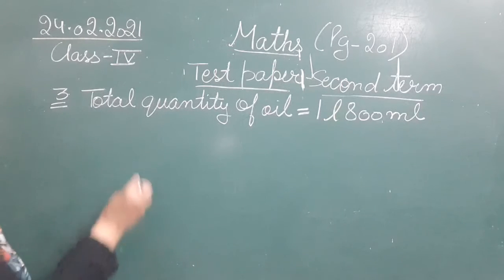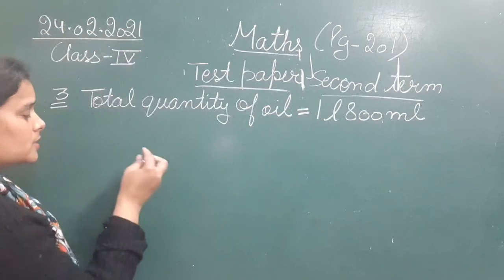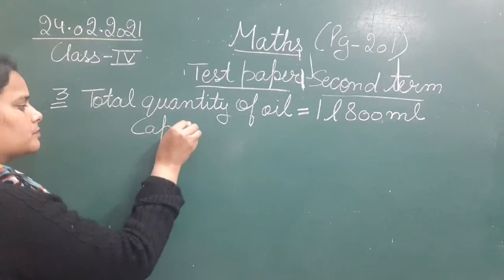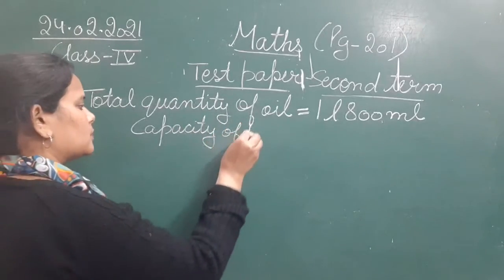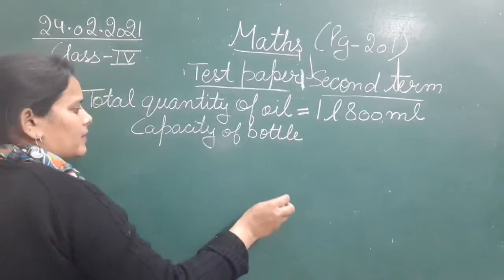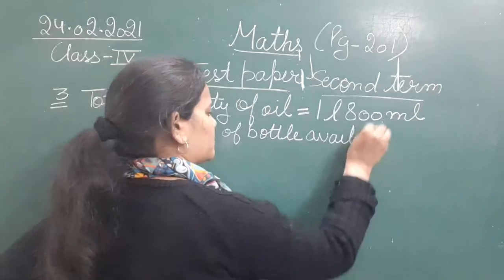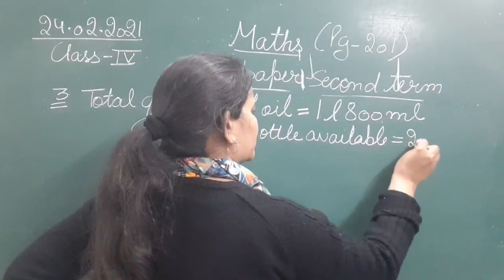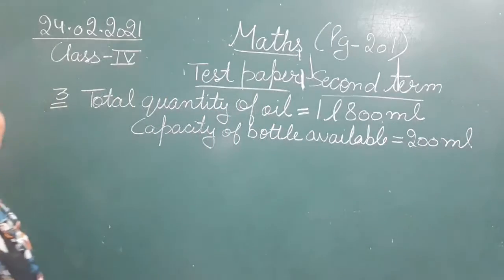Capacity of bottles available: जो बॉटल्स हमारे पास अवेलेबल है उनकी कैपेसिटी क्या है? Capacity of bottle available is equal to 200 ml. So this is the quantity of available bottles.